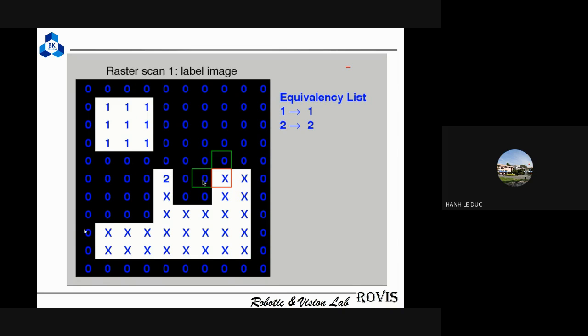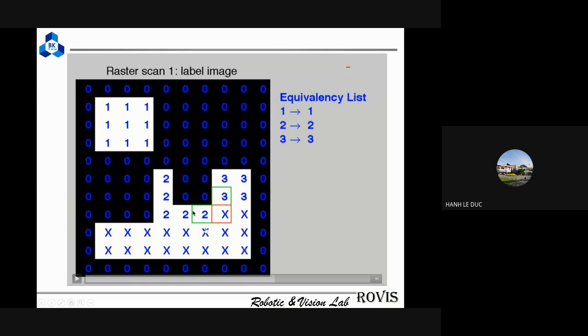And here is label three, and here is two. Here is three. Okay, so this position is special. With this connected component, the left is connected to label 2 and the up is connected to label 3. So which one do they choose? In this case they will give the priority to the lower one.